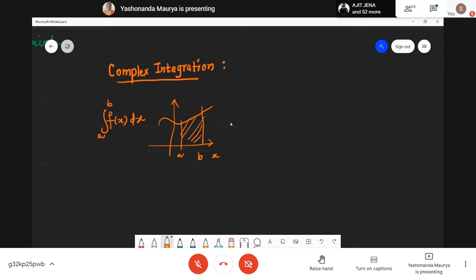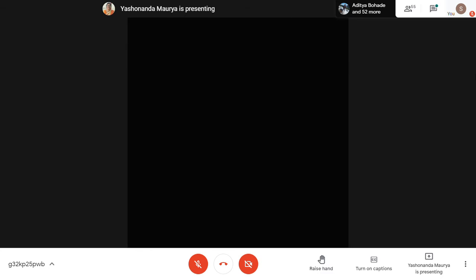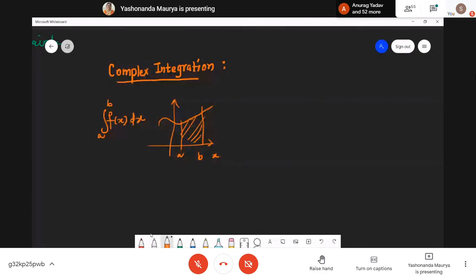One more thing we need to understand over here is that while moving from a to b, there is only one way of doing that. It is along the real axis. Along the real axis, there's no need to understand the direction.